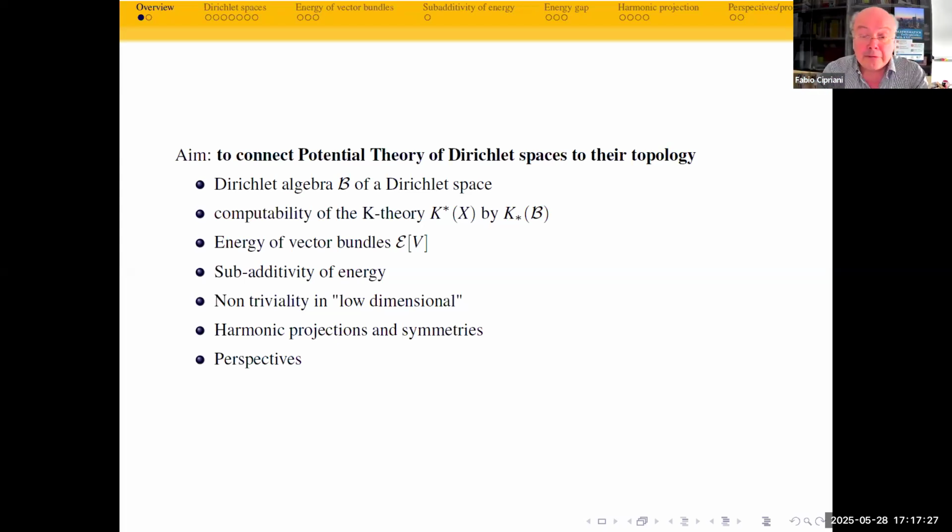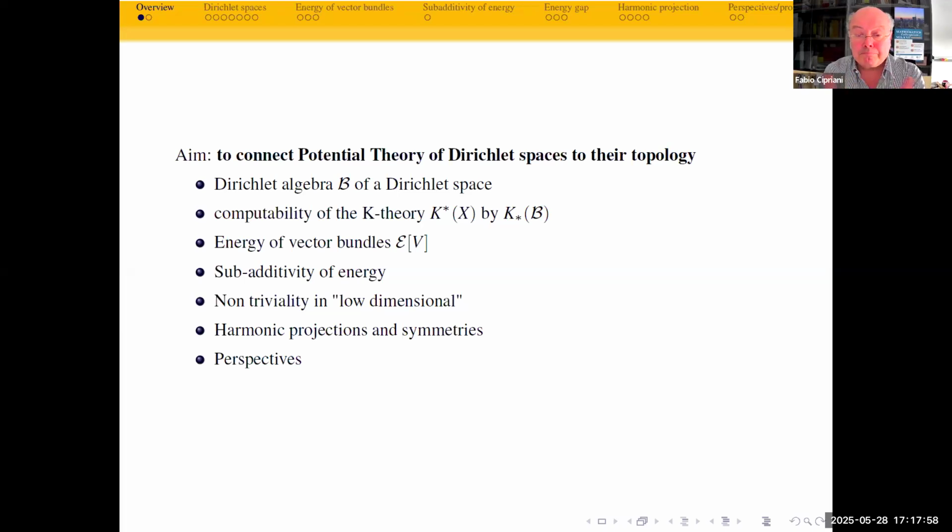And we will see later, after the precise definition of the energy of a vector bundle, how this number has some properties like subadditivity, and is connected to the non-triviality of the bundle in some situations we call low-dimensional settings.